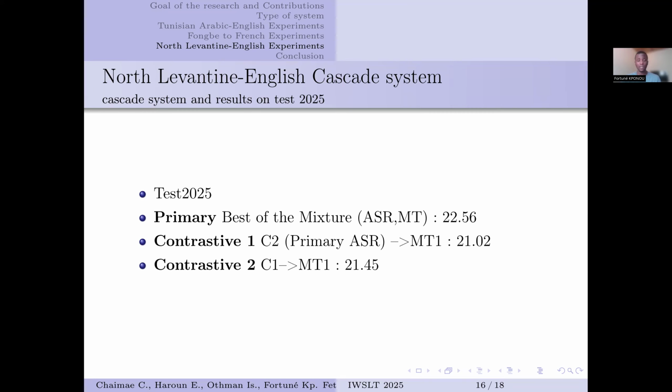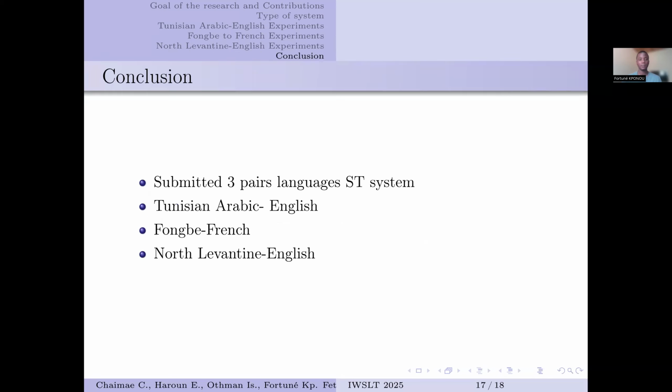For the contrastive 1, we associated the C2 system, our primary ASR, with our MT1, giving us the BLEU of 21.03. And for the contrastive 2, we consider our C1 system, which is the contrastive 1 ASR plus the MT1, giving us the BLEU of 21.55.